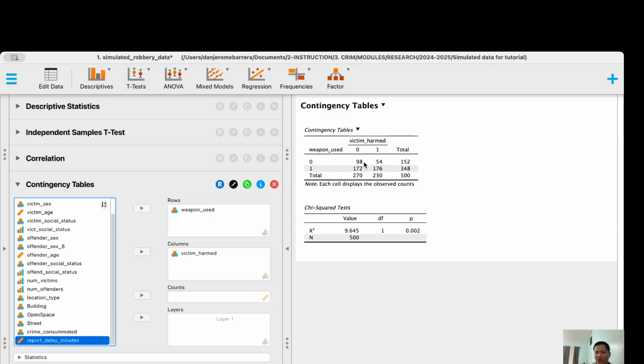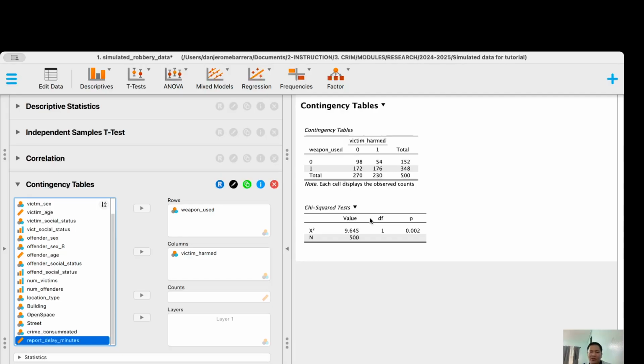No weapon use and no harm, 98. For no weapon but the victim was harmed, 54. For victim was not harmed and there was a weapon, 172 robbery incidents. For weapon use, there was a weapon and the victim was harmed, 178 robbery incidents. So that's the contingency table.